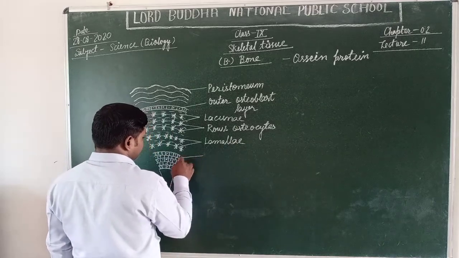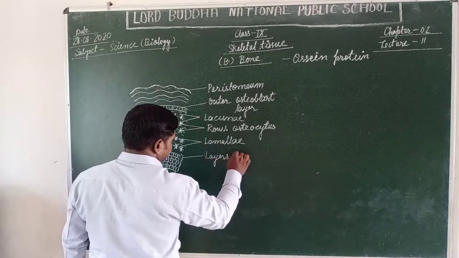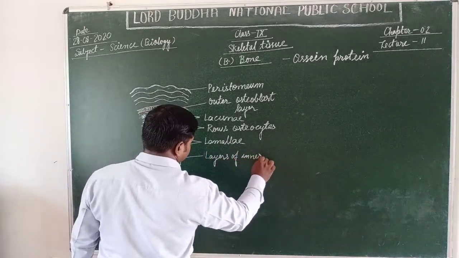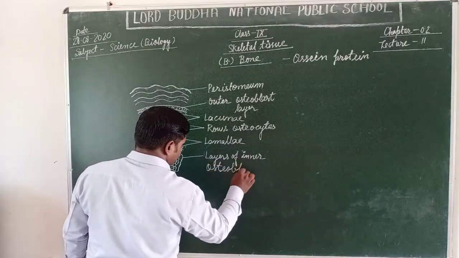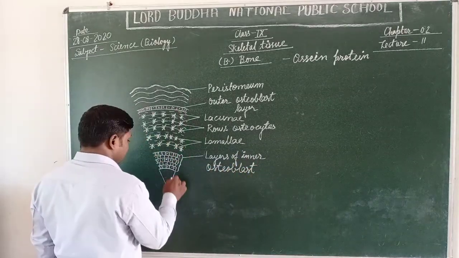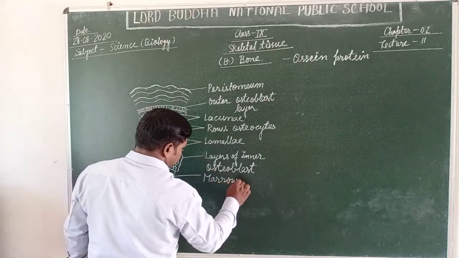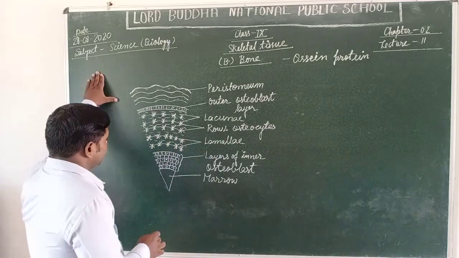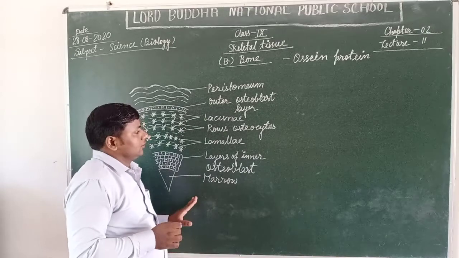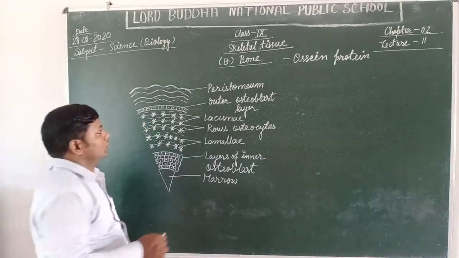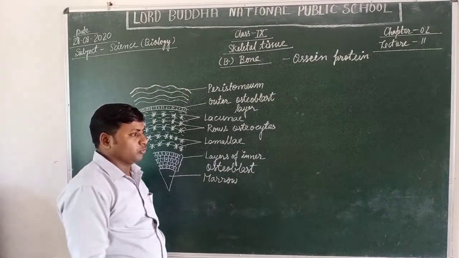Inner layer of inner osteoblast, and this is the marrow of the bone. Now students, this is a TS of frog bone. Now here I am going to show the diagrammatic representation of a mammalian bone.